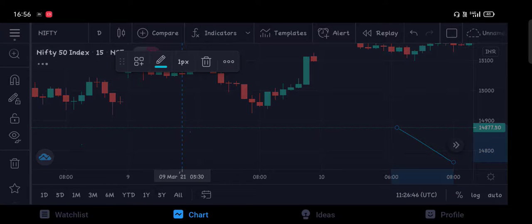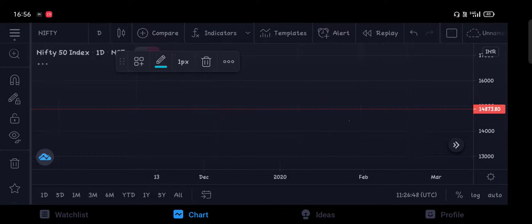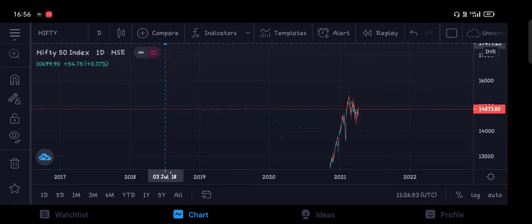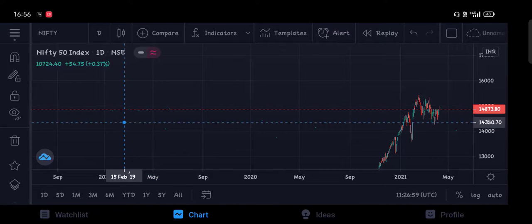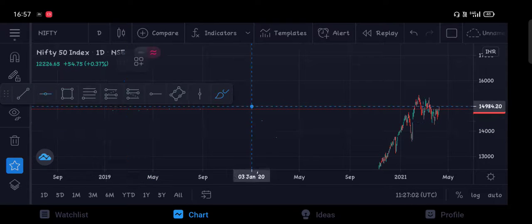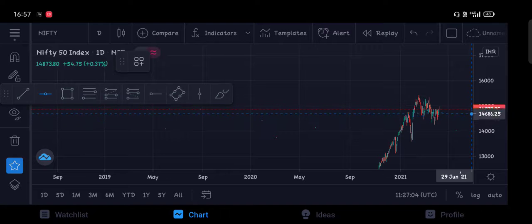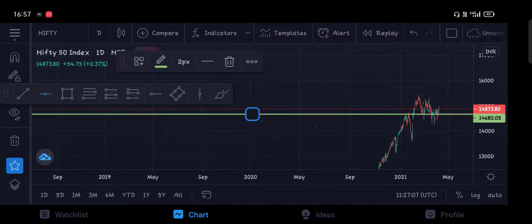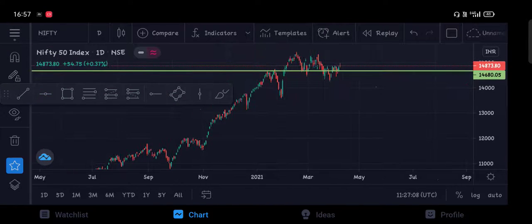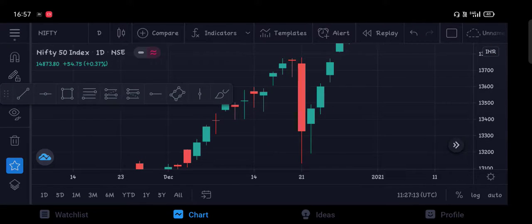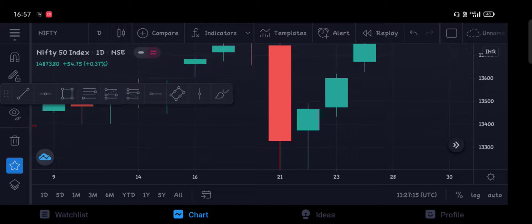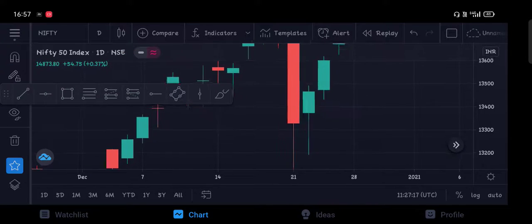Let me change to the 1 day time frame. You can see there was a green candle here in this region.